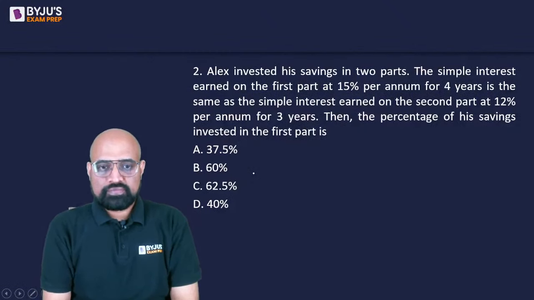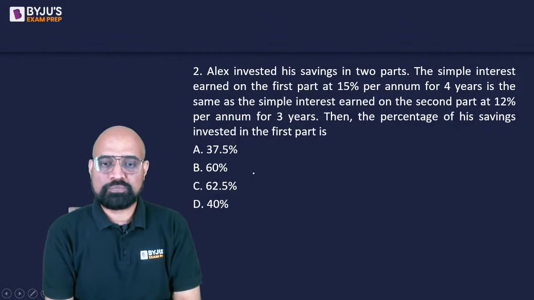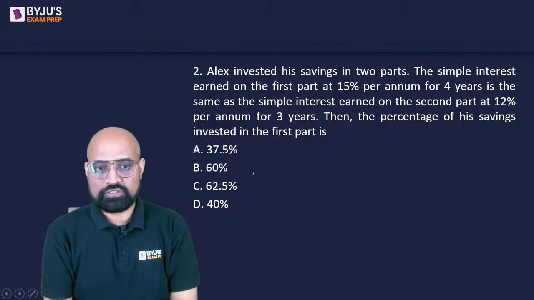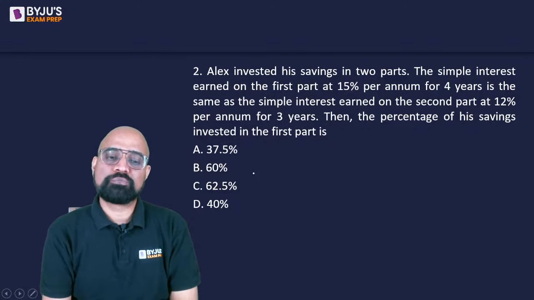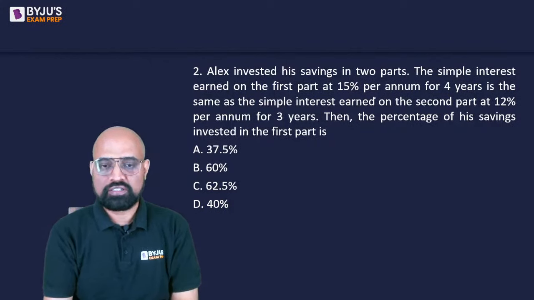Second question. Alex invested his savings in two parts. The simple interest earned on the first part at 15% per annum for 4 years is the same as the simple interest earned on the second part at 12% per annum for 3 years. Then the percentage of his savings invested in the first part is.